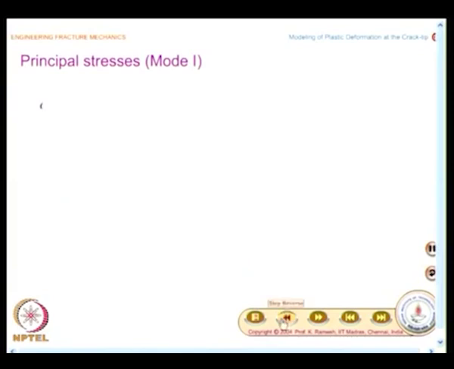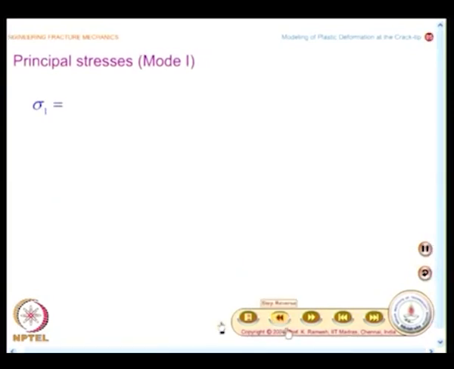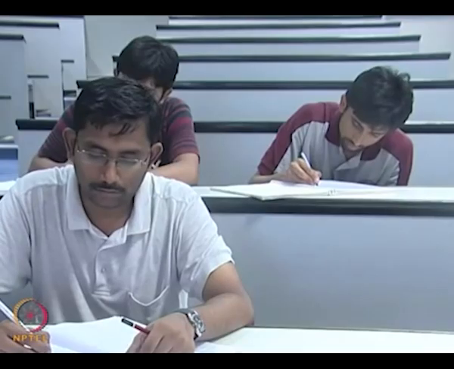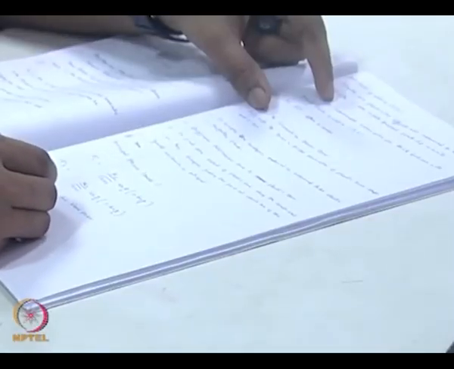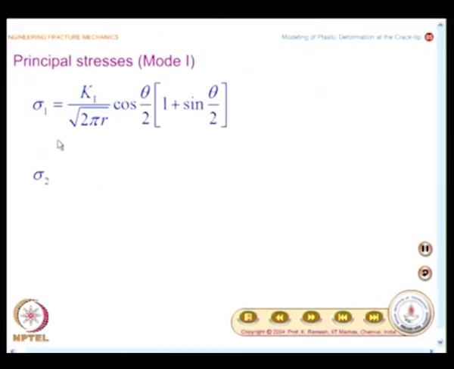I would like you to work it out and calculate the expression for principal stresses near the crack tip for the mode 1 situation. You have the expressions for the stress field and it is easy to calculate the principal stresses. So, we will now look at the expression for the principal stresses.